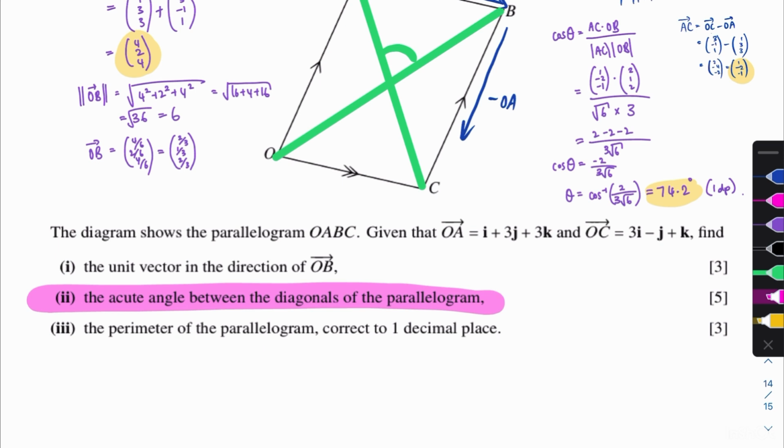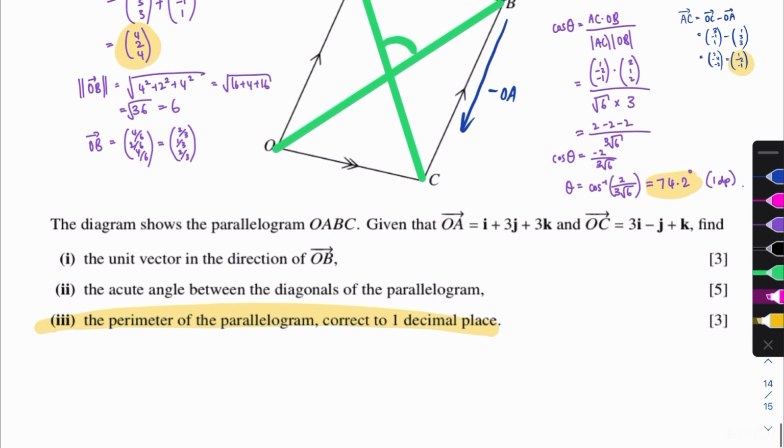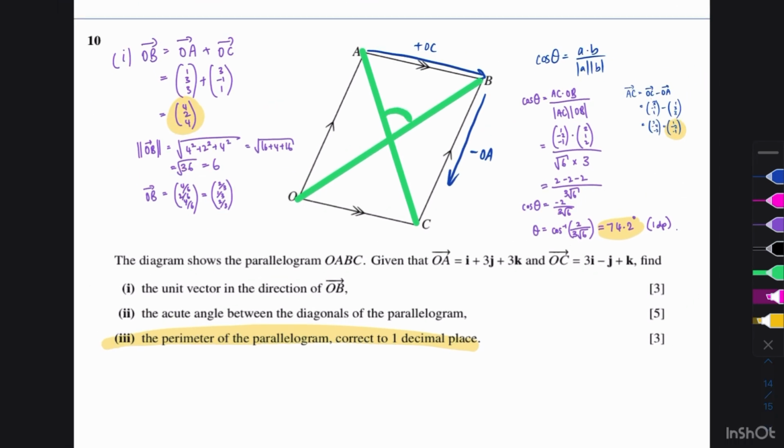Now we want to find the perimeter of the parallelogram, correct to 1 decimal place. So the perimeter of the parallelogram is just going to be the magnitudes added up. So we know the magnitude of OA.